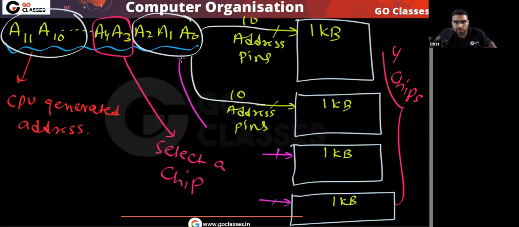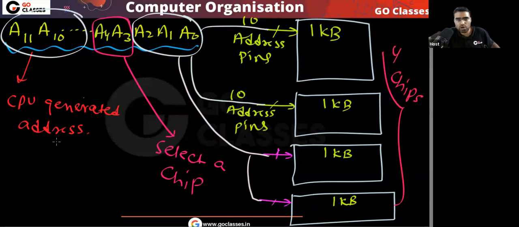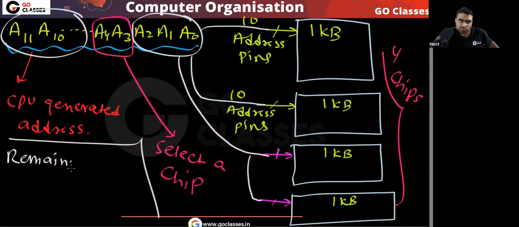Is this understood? Please tell me. I hope you understood. So remember, I can write here that the remaining address lines, what will they do?